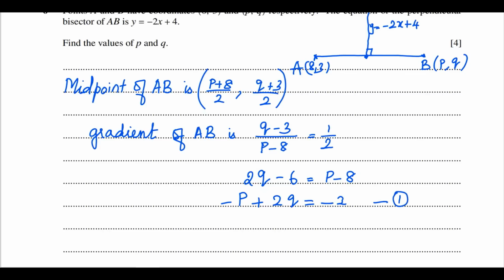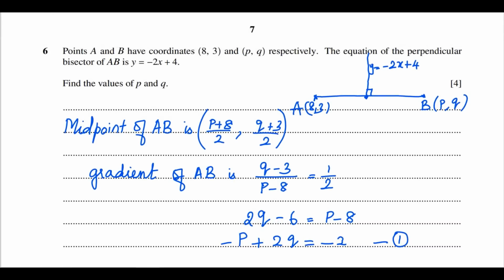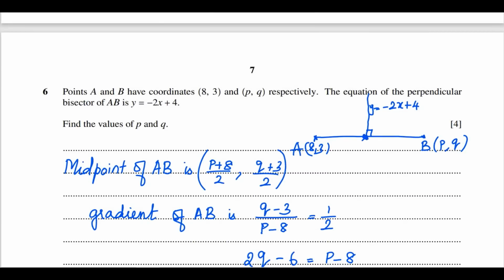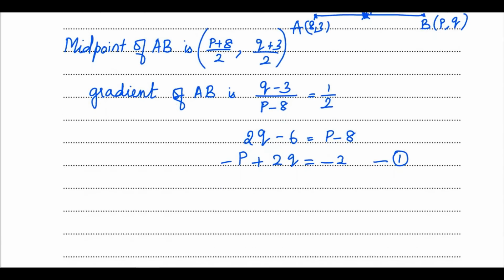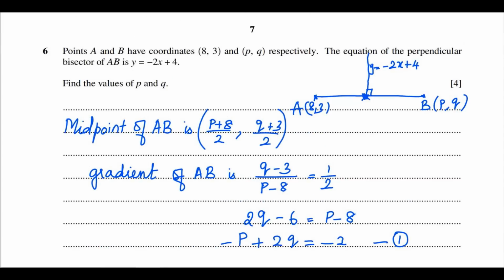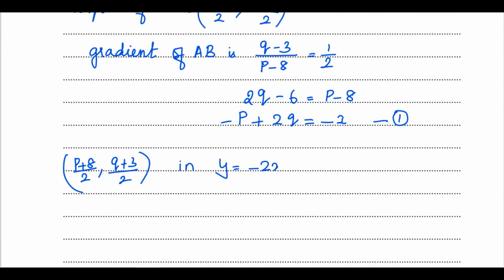And we found the midpoint of AB. So this point lies on AB as well as the perpendicular bisector. So it will satisfy the perpendicular bisector equation. So y is equal to, so we'll substitute P plus 8 divided by 2, comma Q plus 3 divided by 2 in y is equal to minus 2x plus 4.